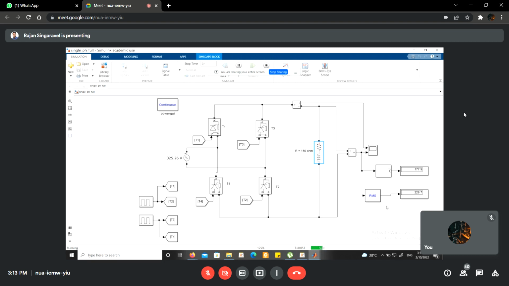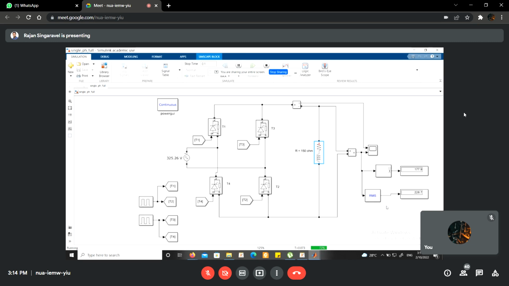And whenever the current becomes less than the holding current, T1 and T2 will be turned off, and the next set of thyristors T3 and T4 will be waiting for the triggering pulses to rectify the negative half cycle. Right? This is the scenario when your inductor value is very much less.